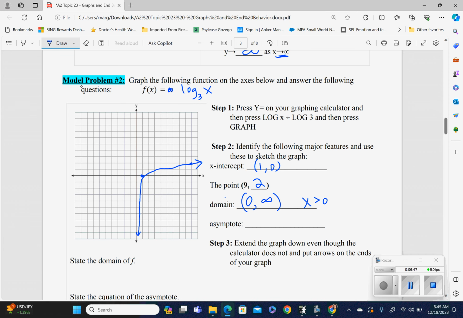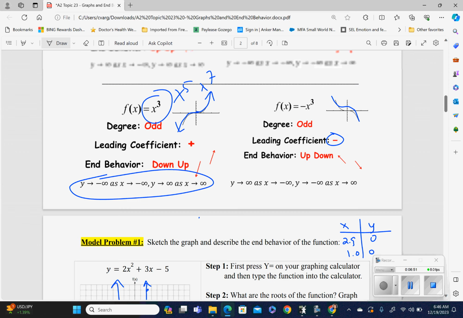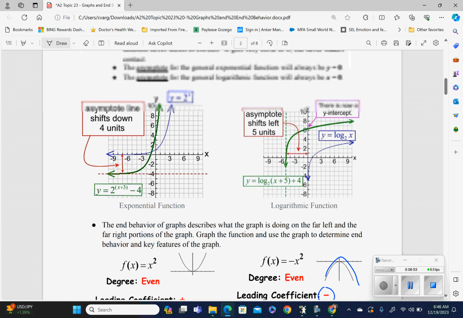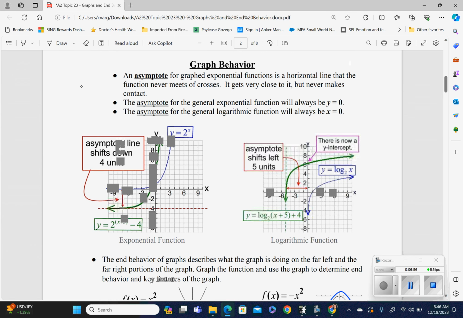And now let's talk about the asymptote. This is very similar to what we talked about up here about asymptotes. If the graph is approaching the y-axis, there's an asymptote.